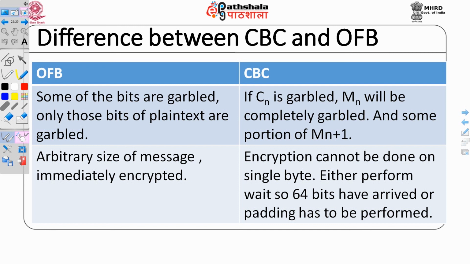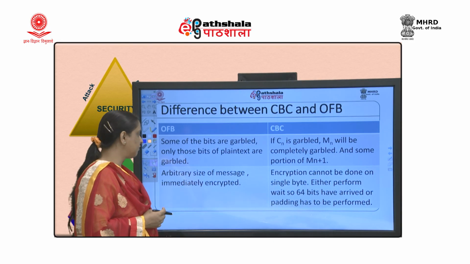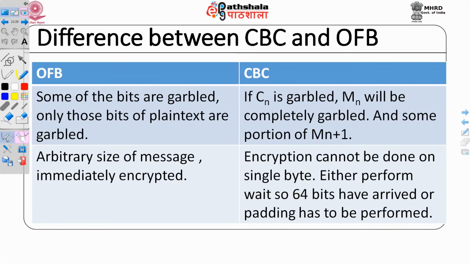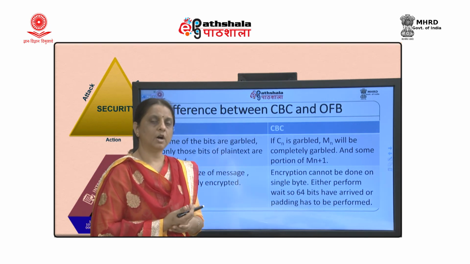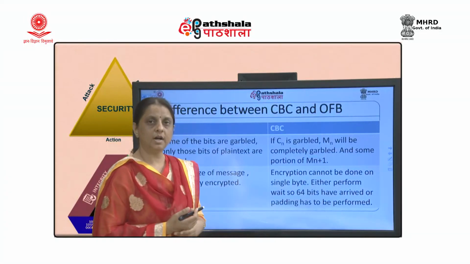If the CN is garbled, MN will be completely garbled and some bits of MN plus 1 will also get garbled. In OFB, we can take an arbitrary size of message input. In CBC, encryption cannot be done on a single byte. Either the user has to wait for more inputs or has to do padding.